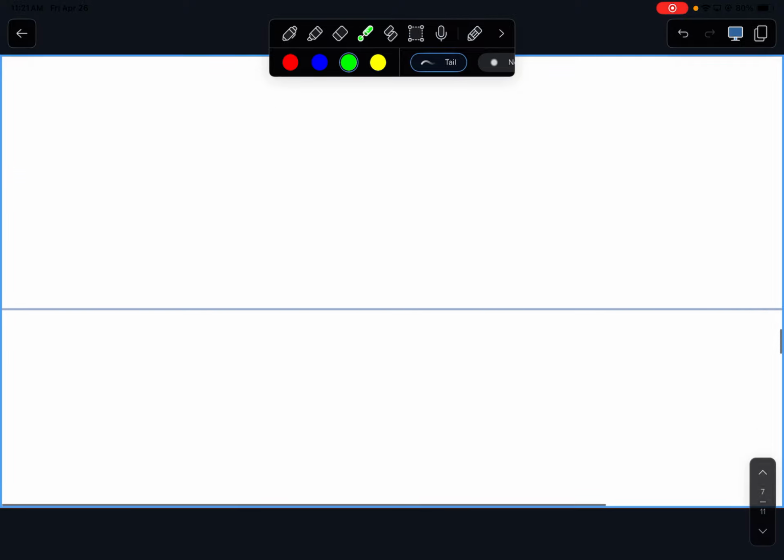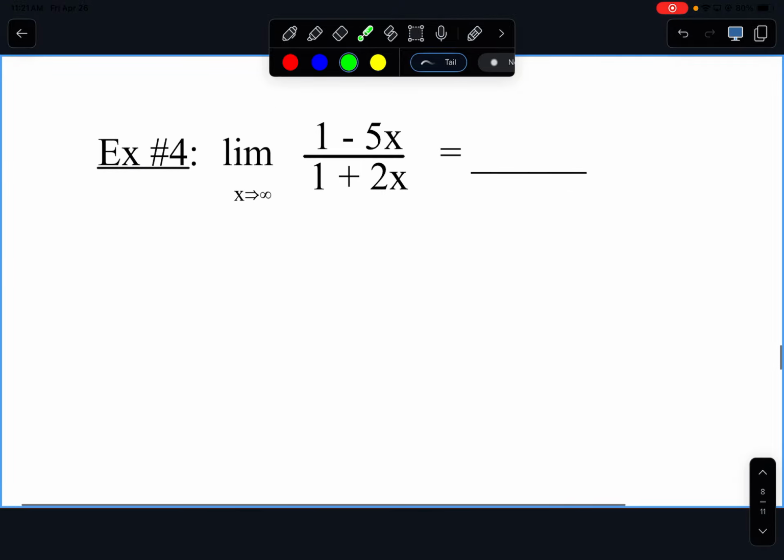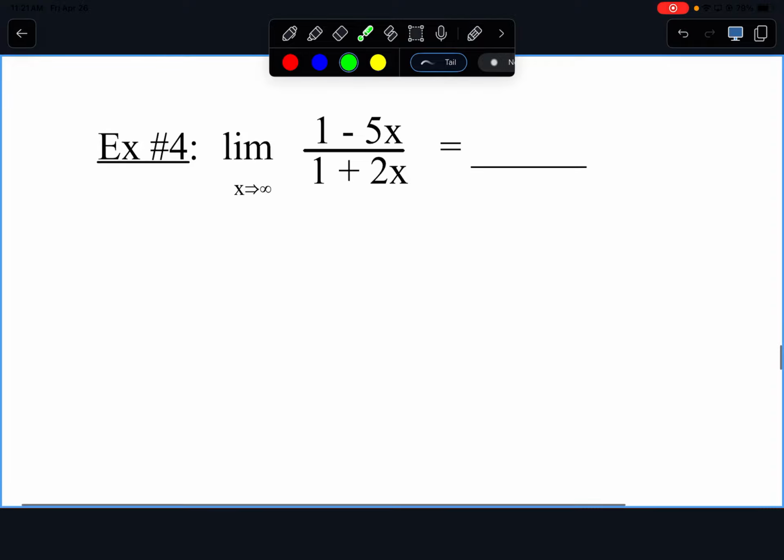Here's your next one. The limit as x goes to infinity of that function. Any ideas? What do you think the limit is?